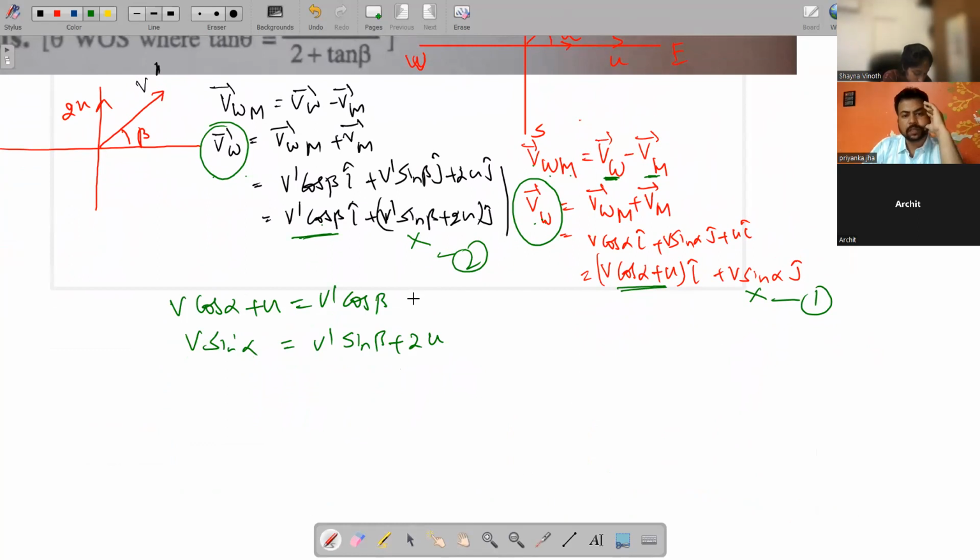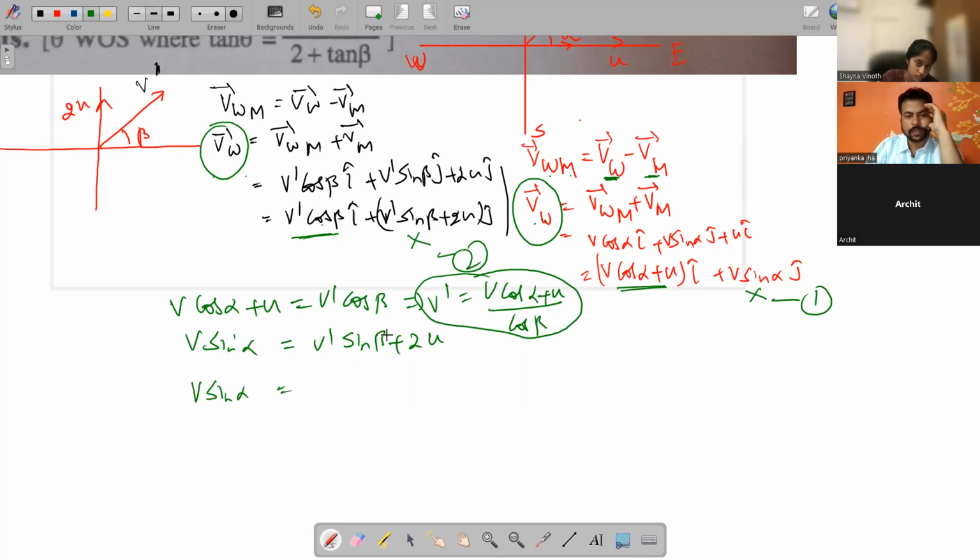Let's do one thing. Let's replace V dash from here. V dash is (V cos alpha plus U) upon cos beta. I'll just replace V dash from here. So this is V sin alpha equals (V cos alpha plus U) upon cos beta into sin beta plus 2U.